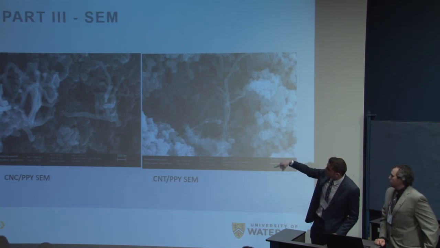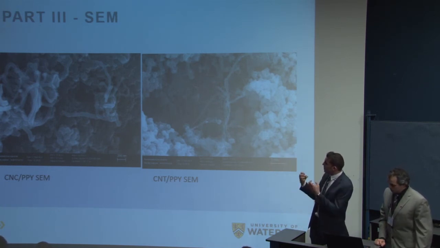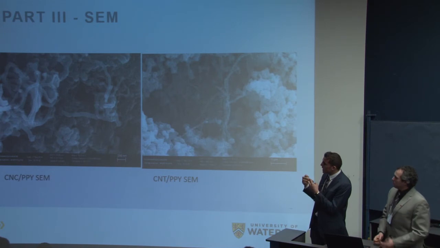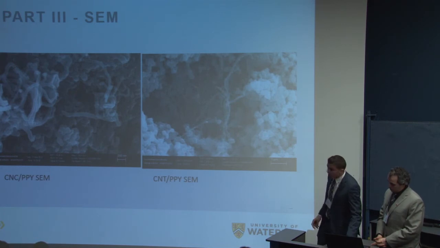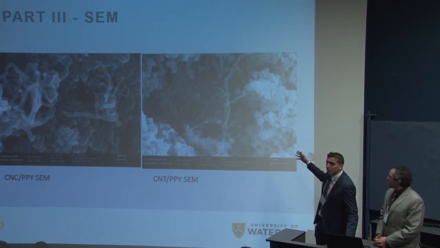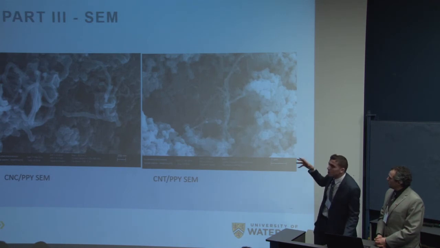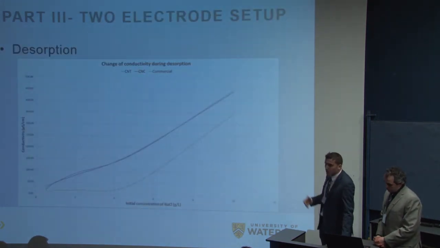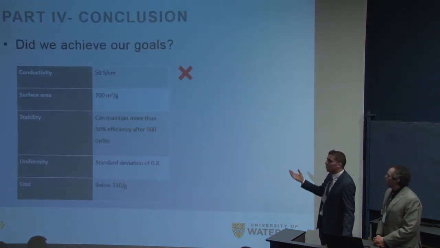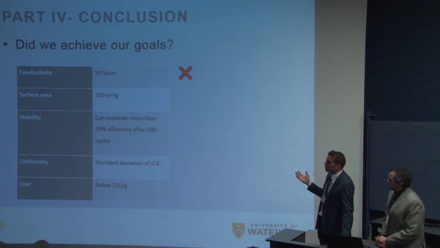The CNC are the long-stranded ones. The polymer is kind of aggregating by itself. It's coming together. It's not taking advantage of the CNC substrate. Whereas with CNT, we got a good degree of polymerization. I don't know if it's clear, but you can kind of see the particles coating the carbon fibers. So that was the main reason why we believed our conductivity was much lower than what we wanted.